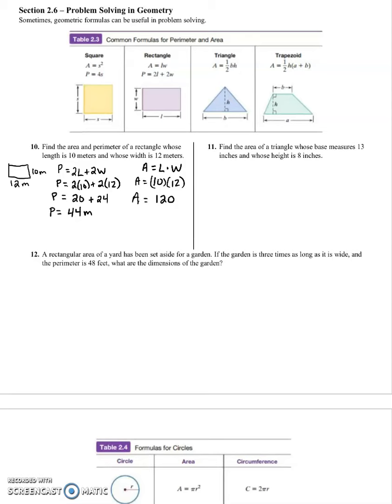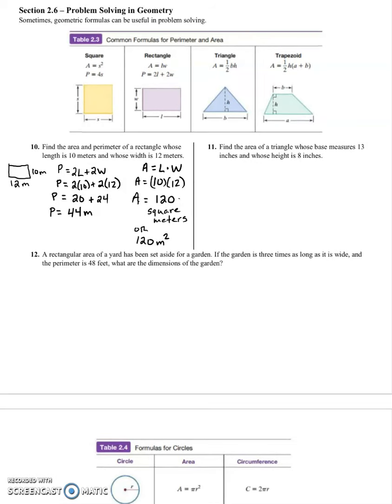Now area is always in square units because we've multiplied a length times a length. So we can write 120 square meters using words, or we could write 120, M is the symbol for meters, with an exponent of a 2. Either way.